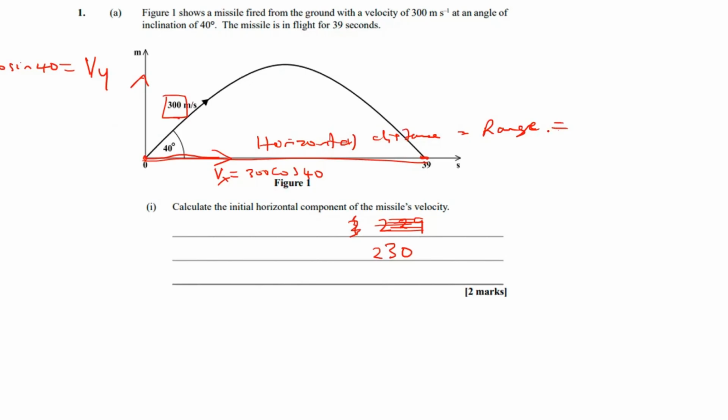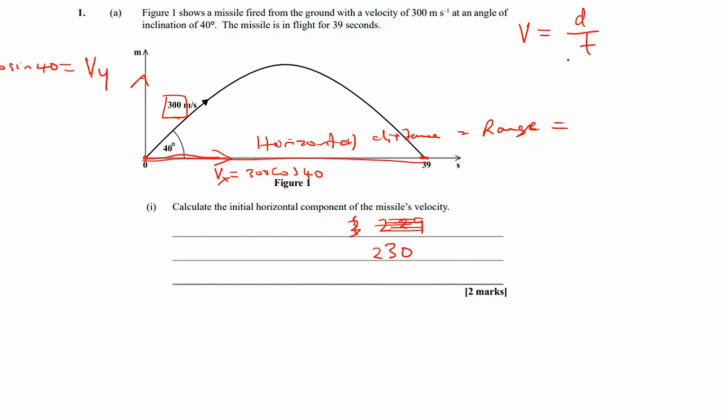I must just tell you again that there's only one equation that you can apply when dealing with the horizontal component or the horizontal distance or the horizontal aspects of any type of projectile motion. And that is the equation for speed or velocity. Velocity is equal to distance over time.